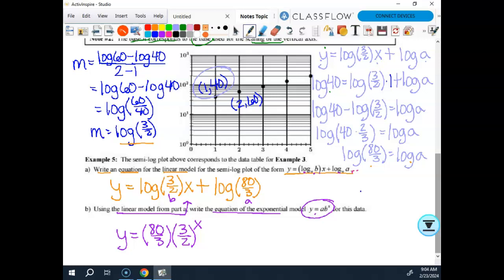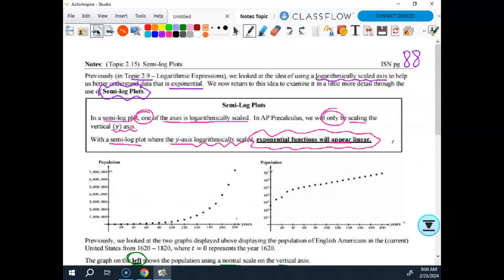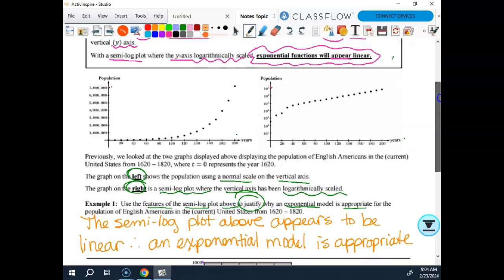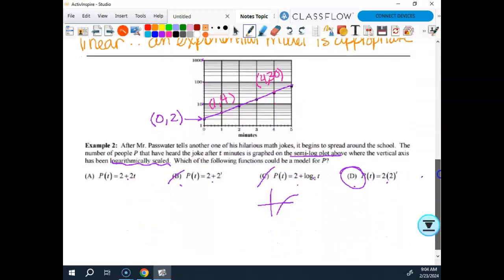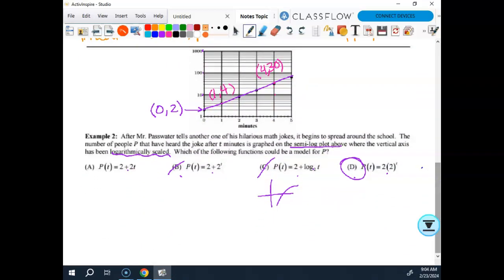But let's go back over here, and we're going to pretend like we don't know the answer, and we don't have any answer choices, and we are going to come up with this equation, okay? So my equation that we just got on that other page: log of y equals the log of b times x plus the log of a.